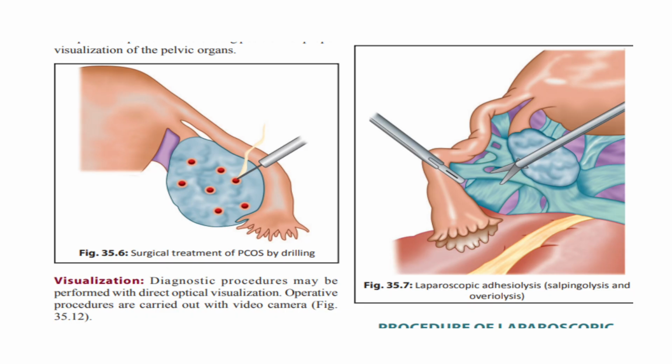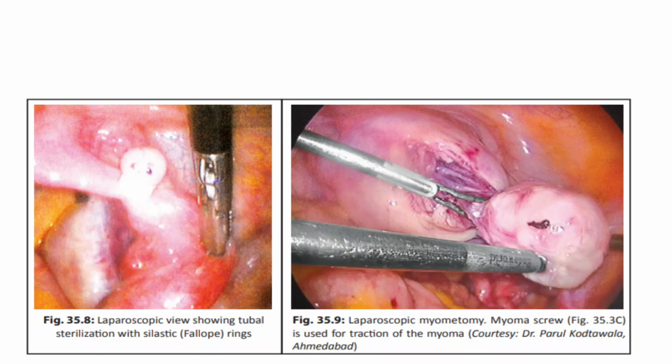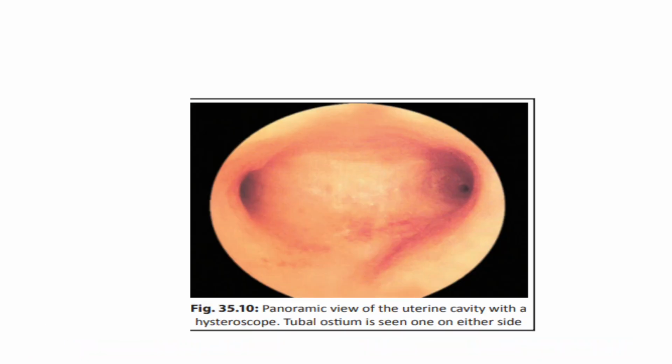Visualization. Diagnostic procedures may be performed with the direct optical visualization. Operative procedures are carried out with the video camera. See, this picture shows laparoscopic view showing the tubal sterilization with Silastic Fallope rings and laparoscopic myomectomy. Myoma screw is used for traction of the myoma.